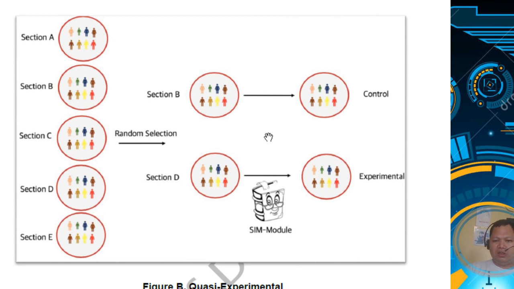Here we just choose already who will receive the treatment. For example, we choose section D already. Do you get the difference between the two? So in quasi-experimental, it has random selection, but it has no random assignment of the treatment to your participants. That is quasi-experimental.